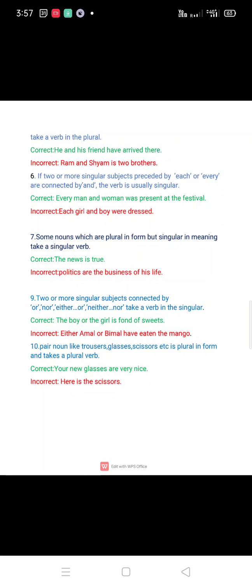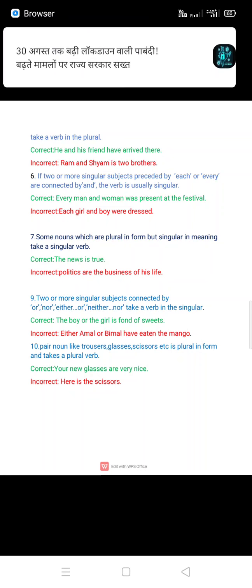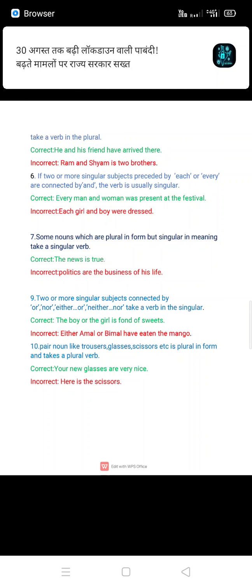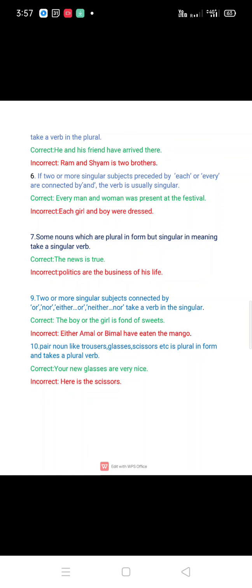You can see is. But if these two singular subjects are connected by and, the boy and the girl, then the verb must be plural. But here the conjunction is or, and that's why the verb is singular. You can see the boy or the girl is fond of sweets, not are.